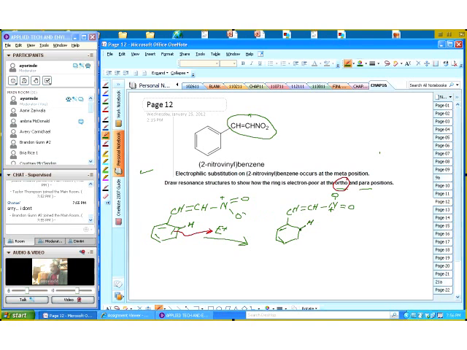This hydrogen was here before, so it's still here. Now the electrophile is here. Keep in mind we still have the hydrogen here. So now the positive charge is here. Now let us draw resonance for this. We move this to here. If we do that, the positive charge will be here.